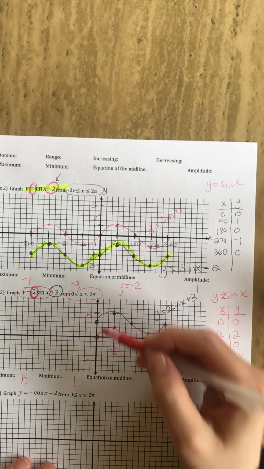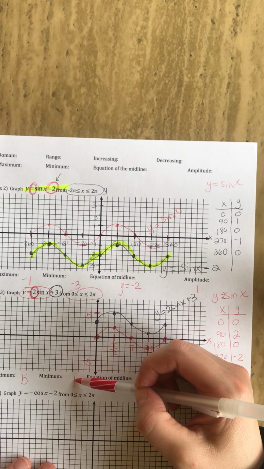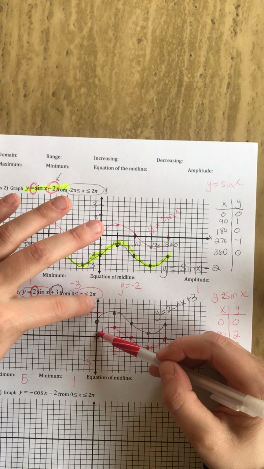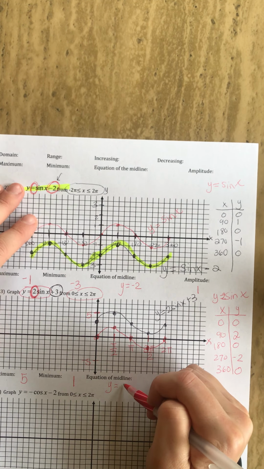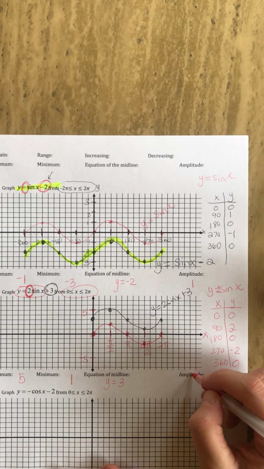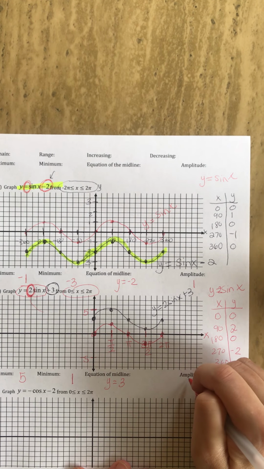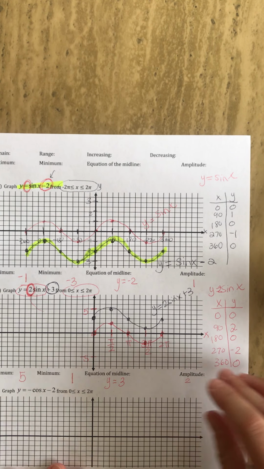The equation of the midline is the midway point between the max and the min, between 1 and 5, so that's going to be the equation y equals 3. And the amplitude, the distance from the midline to the highest point, would be 2 there.